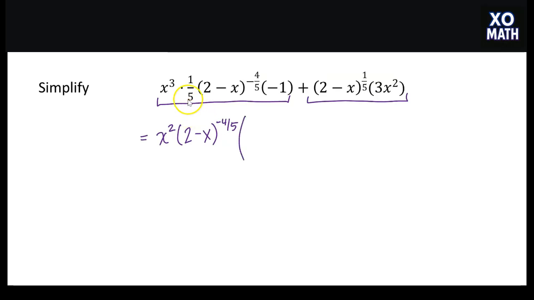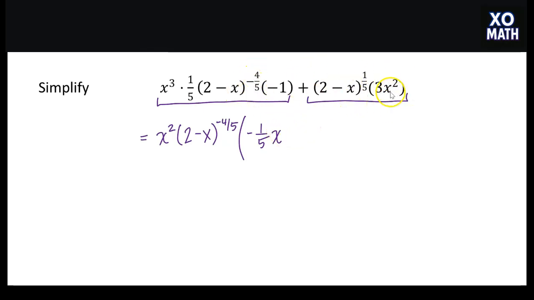So from the first term, I have the numerical factors of negative 1 and 1/5. So we'll put those first. We have negative 1/5. Then we factored out an x squared from x cubed, so we have an x. And we factored out all of the binomial quantity 2 minus x to the negative 4/5.